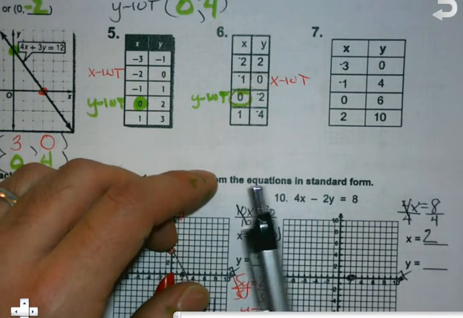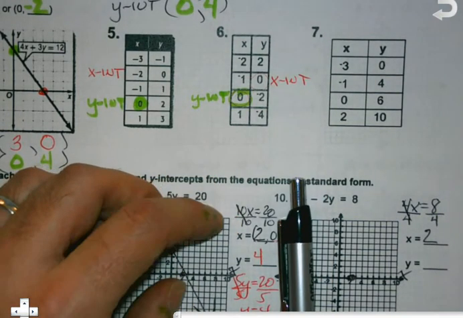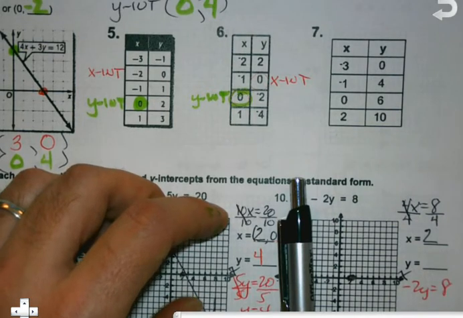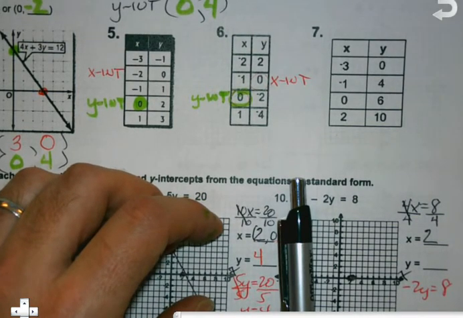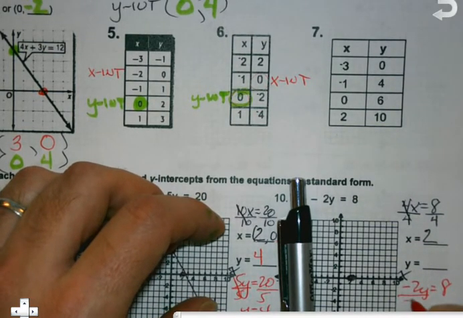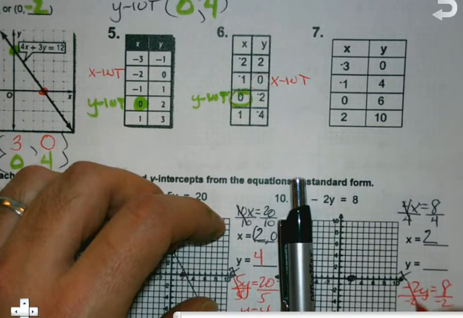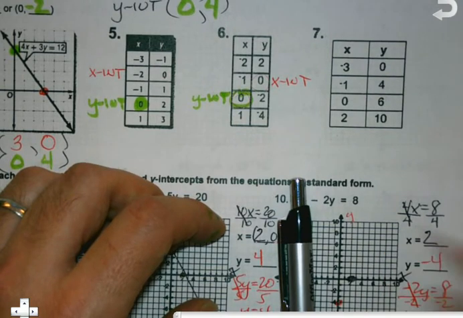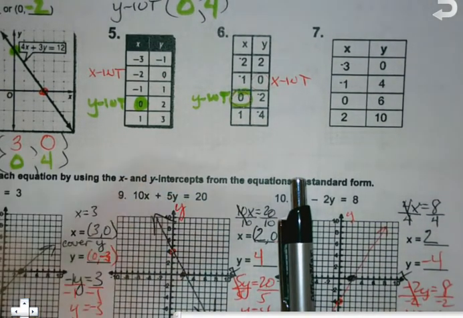Switch them up. If negative 2y equals 8, I covered the x, I'm not looking for the x. Divide by negative 2, y is going to be negative 4, which is down. And then I draw my line through.